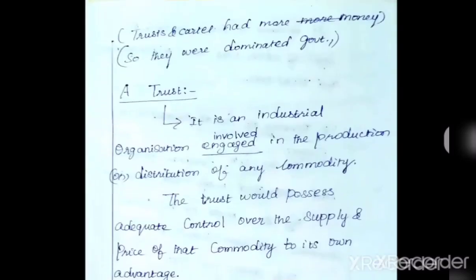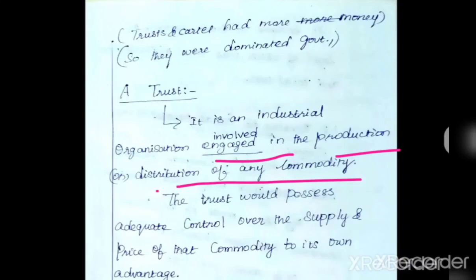Next one, the trust. Under the trust, what are the things that are given? It is an industrial organization. I told you just before, it is an organization like that. It is an industrial organization, and in your book, what word is given in the sense? Engaged. Yes, engaged, that word is given. Engaged, otherwise involved in the production or distribution of any commodity. So what was their work? You check it.